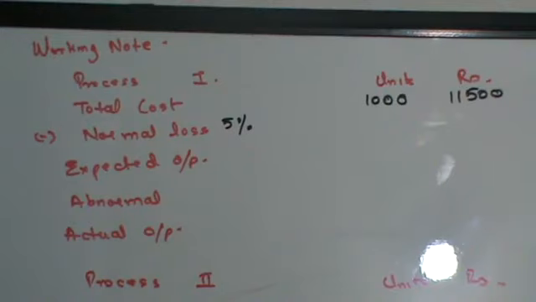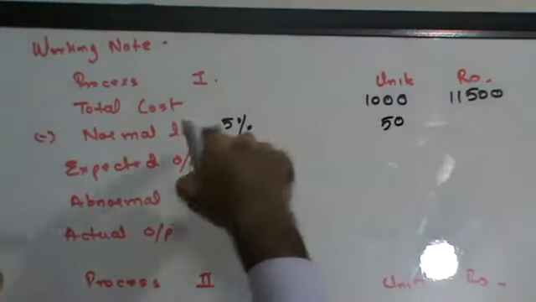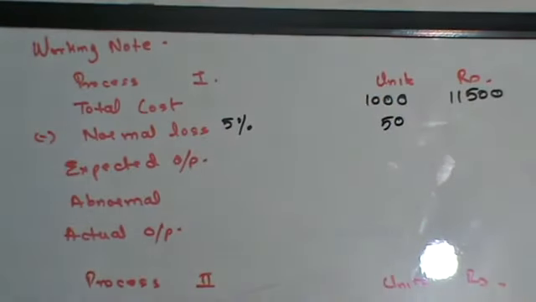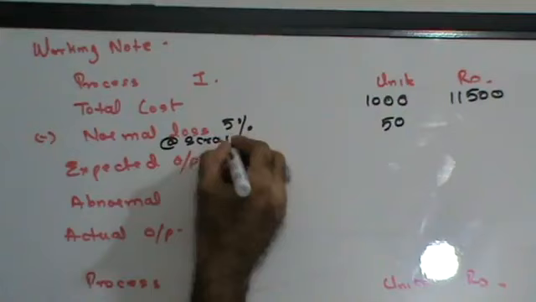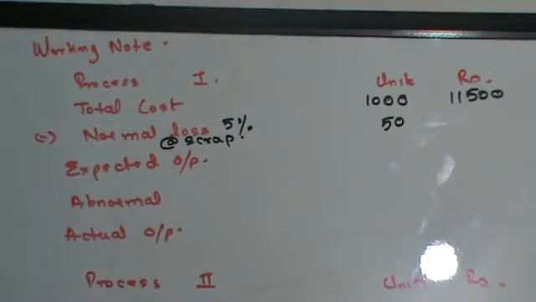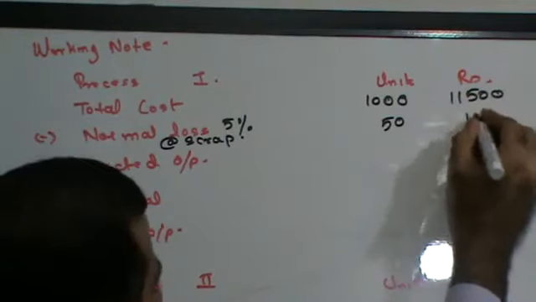So 5% on 1000 is going to be 50. So your normal loss is going to be 50. Normal loss is always to be calculated at the rate of scrap. The scrap value for process 1 is given to you as 3 rupees. So 50 into 3, 150.